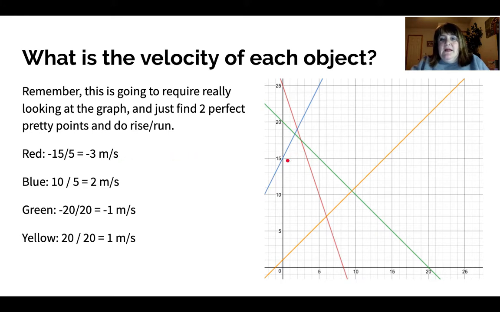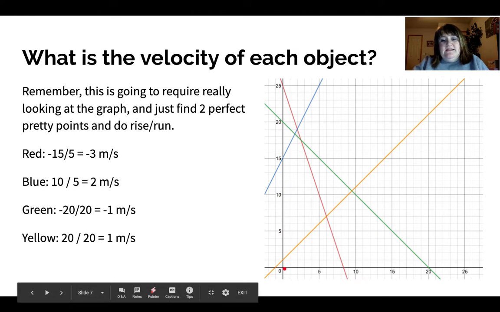The blue line goes from 15 to 25 in 5 seconds. That's a velocity of 2 meters per second. The green line goes down 20 in 20 seconds. That's a velocity of negative 1 meter per second.